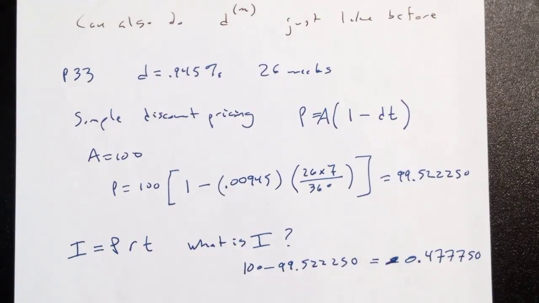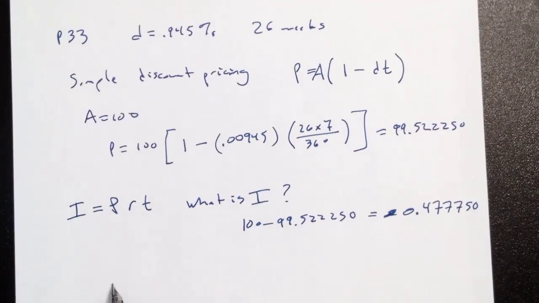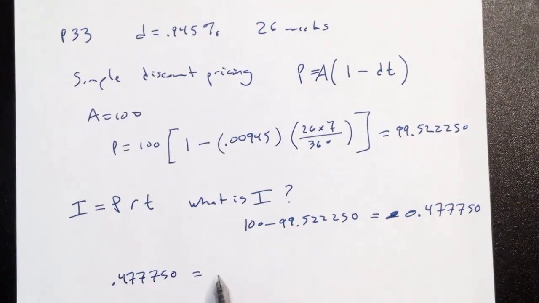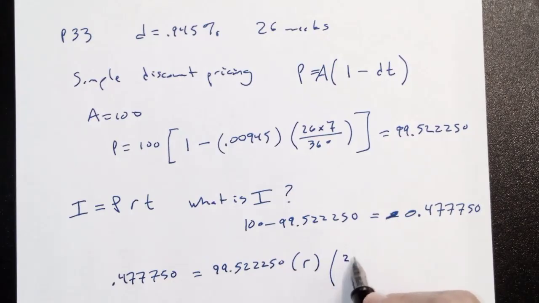But I have my interest, I have my principal, I have the time, 26 weeks, right? So I can say 0.477750 equals 99.522250 times this unknown interest rate times 26 weeks.